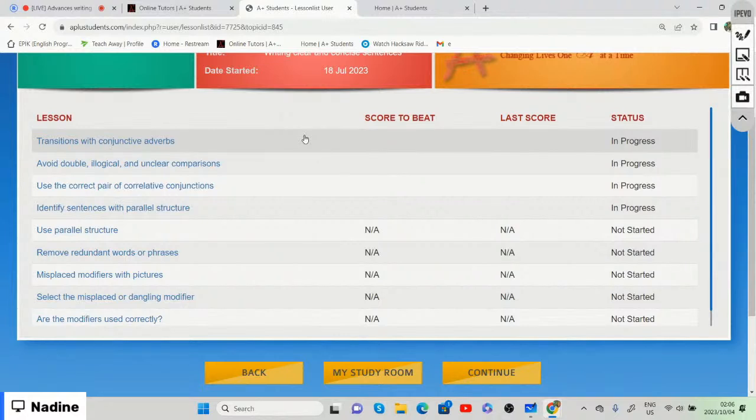But today, our lessons that we are going to be focusing on are to use the correct pair of correlative conjunctions, to identify sentences with parallel structure, and to use parallel structure. That is going to be our focus for today.